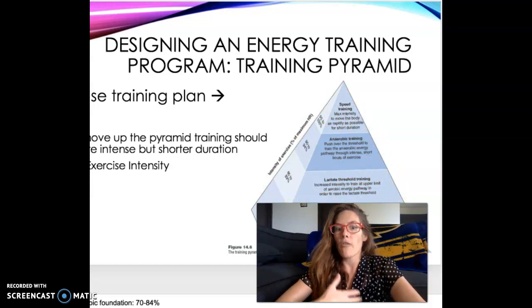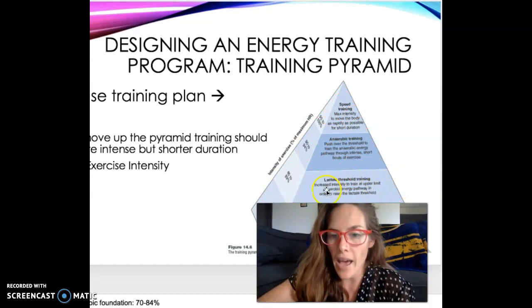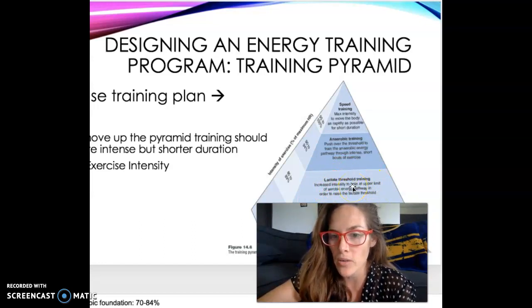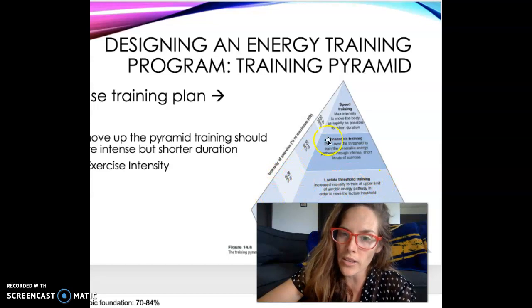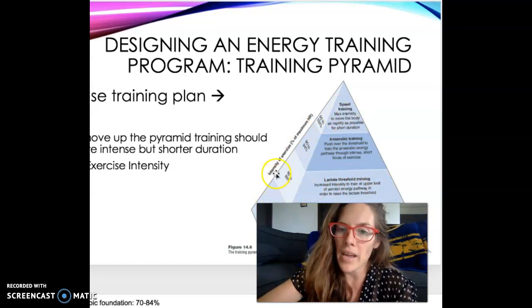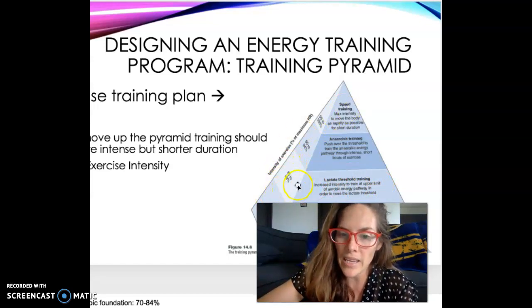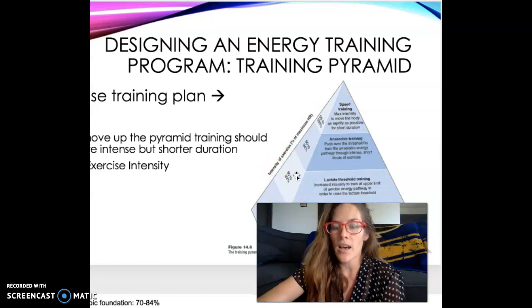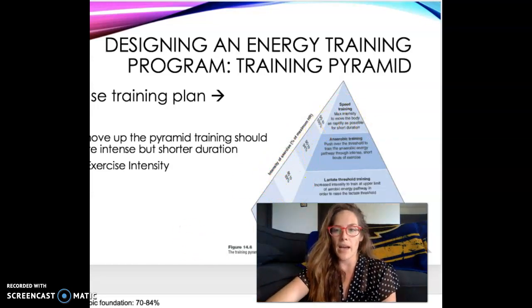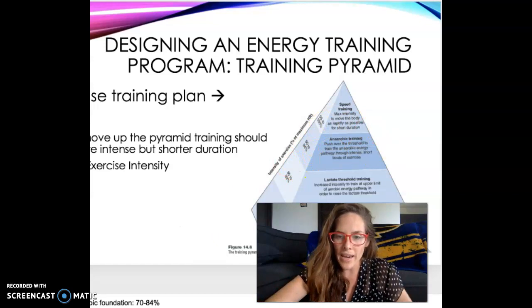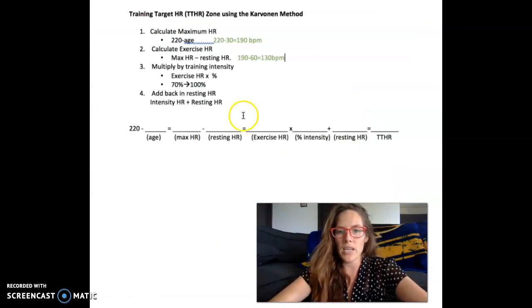So for this example, let's pretend that I want to work on my lactate threshold training zone. That means we look at the side of the pyramid and see that my exercise needs to be between 85 and 89% of my heart rate max. So remember that 85 to 89%.